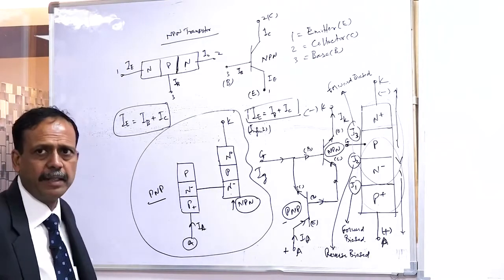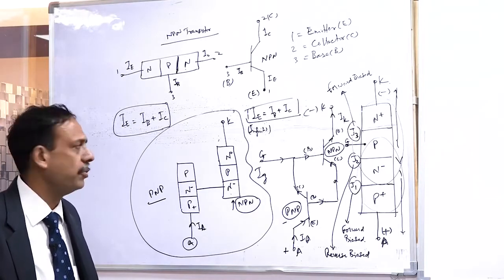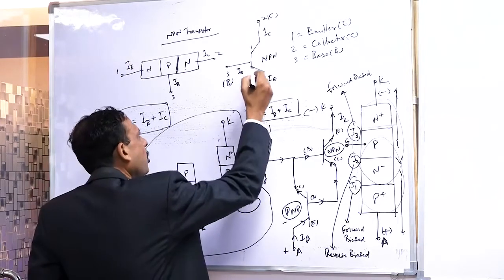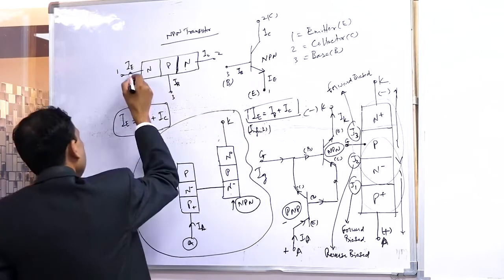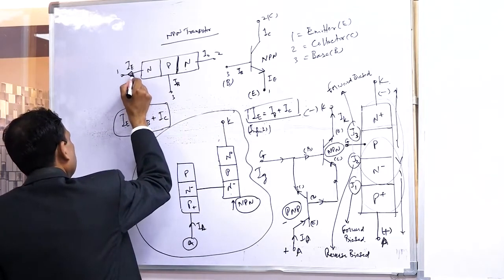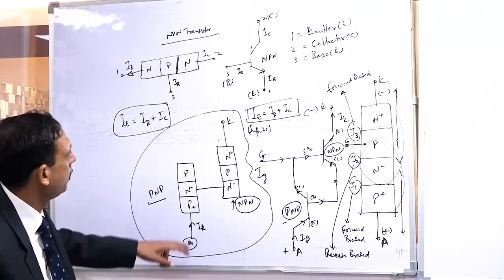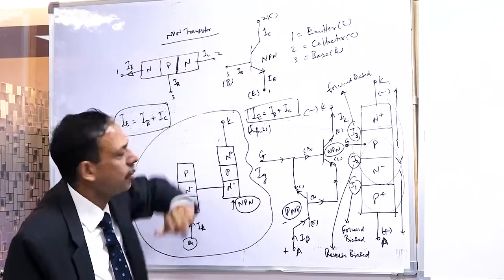I am presuming you may be finding it difficult to recall. In the PNP the current was going inside. In NPN, logically, it is going to be out. So emitter current is going to be out. That you have to understand. Ramesh Krishan, good. Done. Now in the emitter the current is out.